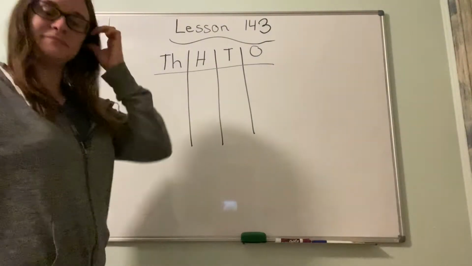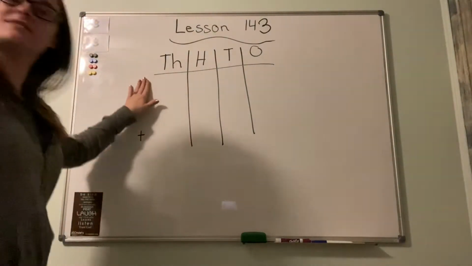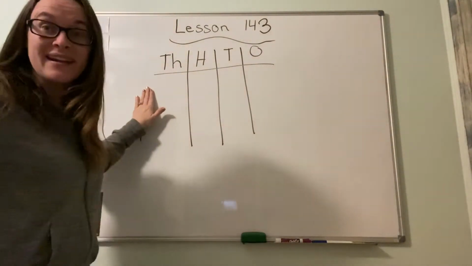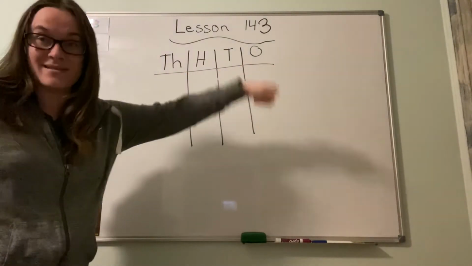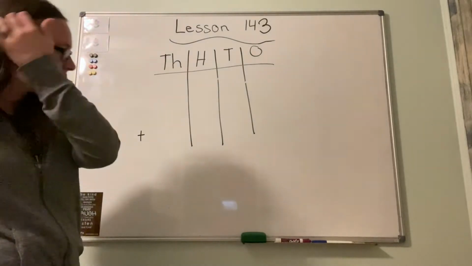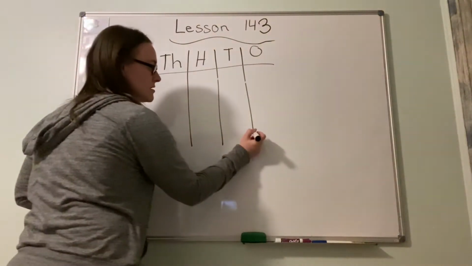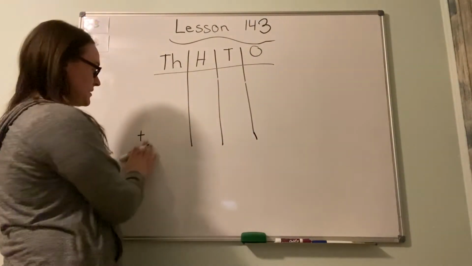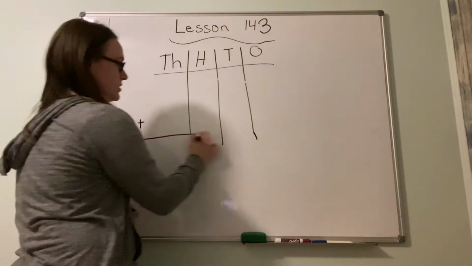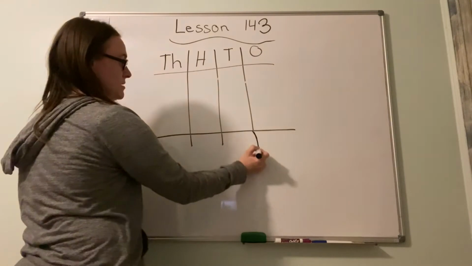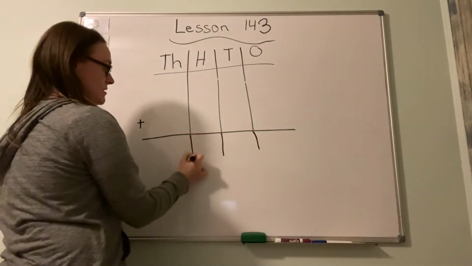All right. So I started up here by dividing into thousands, hundreds, tens, and ones. And we are going to do an addition problem, adding 2 different 4-digit numbers, and we're going to figure out the answer.